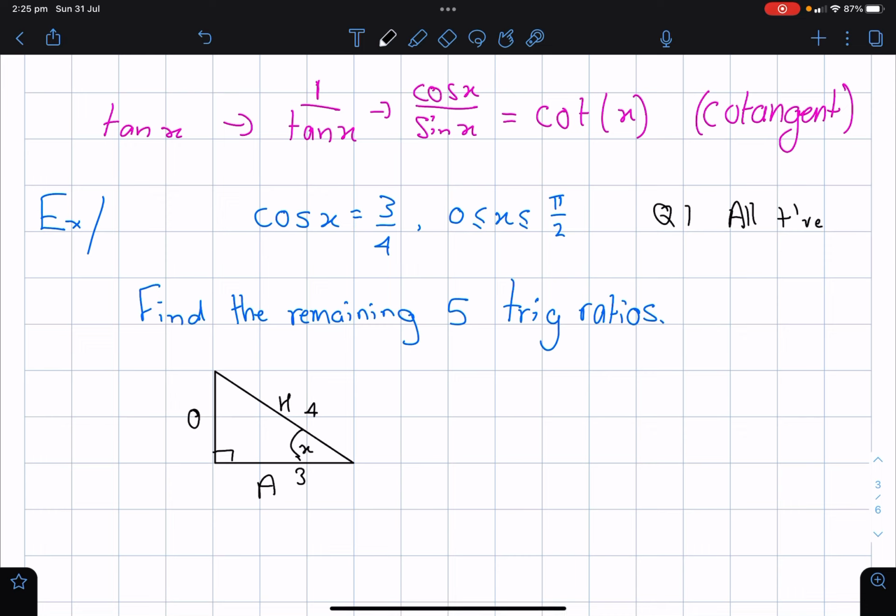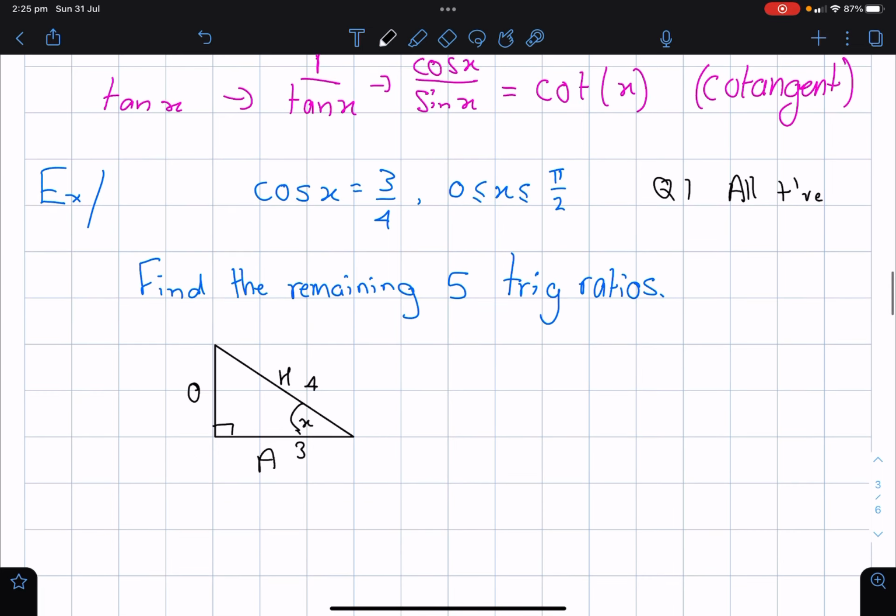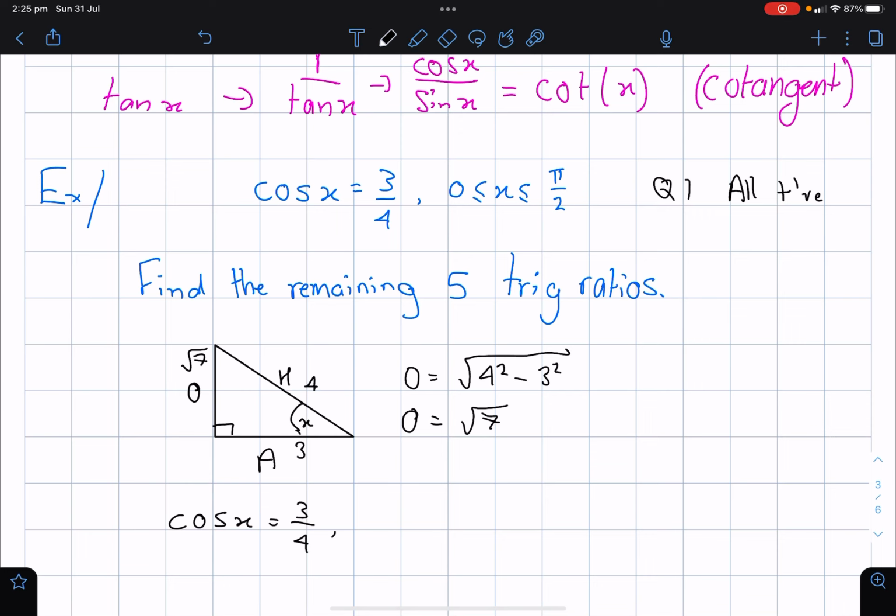Now using Pythagoras, we can find O. So O is going to be the square root of 4 squared take 3 squared. So that means O is going to be the square root of 7. We can put that in there now too. So we've got cosine of x is equal to 3 on 4.